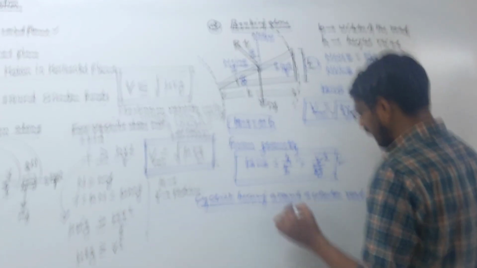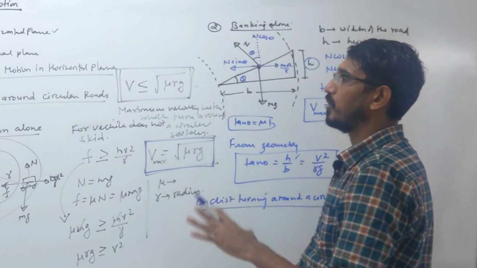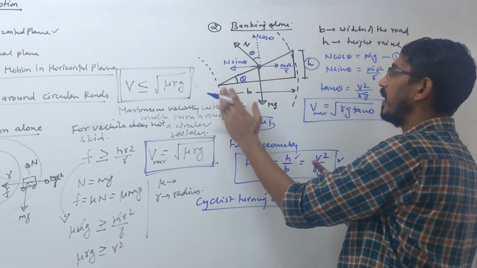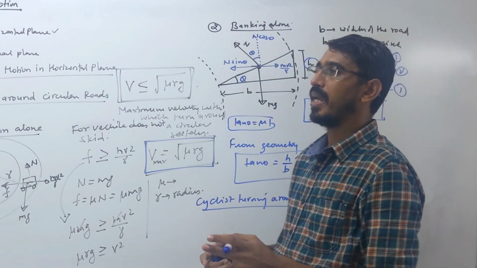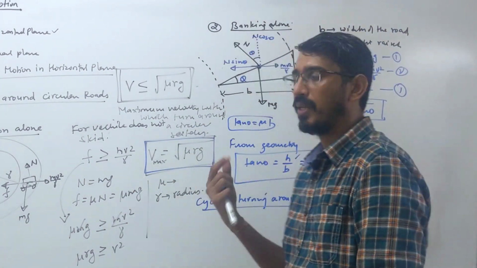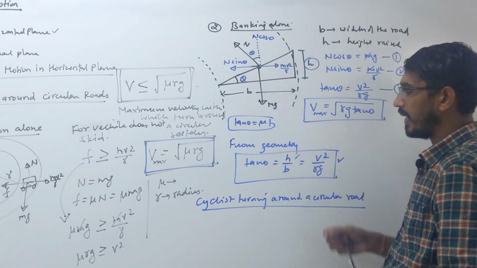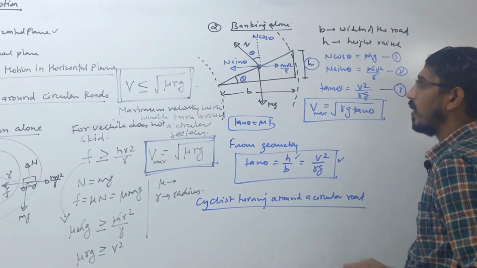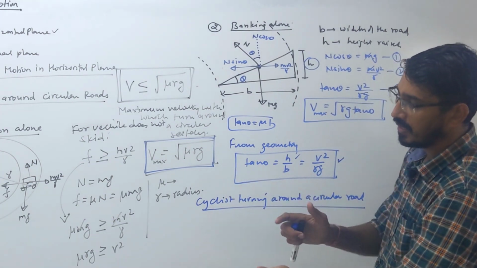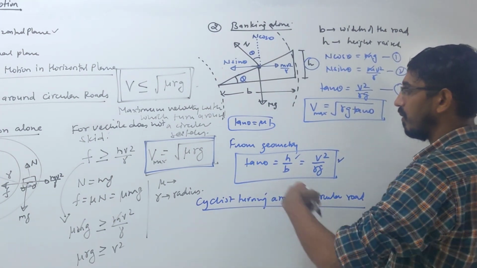So what happens? For a cyclist, because a car cannot bend, we are making the road itself banked, right? But if your cyclist is there, he can bank. Now the cyclist can bank. Again a similar answer will come when you solve that cyclist problem. So by what angle should he bank so that he can travel at this speed, or he is banking by this angle, then what is the maximum speed he can travel on a circular road?